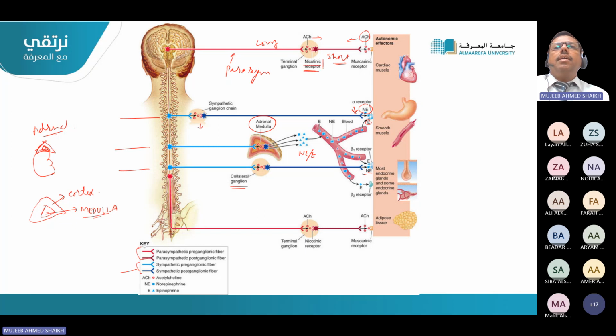In the ganglion, it is the nicotinic receptor, and at the level of the organ, it is the muscarinic receptor. Similarly, down here at the craniosacral region, sacral outflow, acetylcholine in the preganglionic fiber, and similarly acetylcholine in the postganglionic fiber. Okay, and these are the receptors. So this is the summary of what we have covered in the previous lecture.